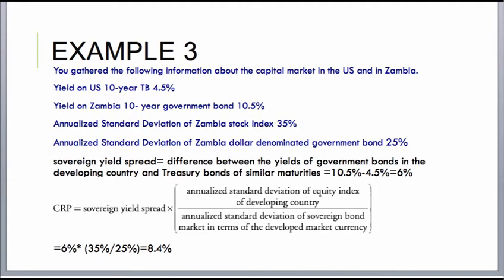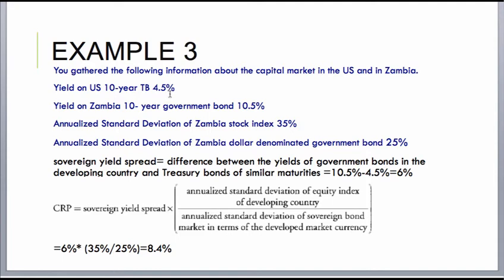Okay, last, if you want to further estimate the country risk premium, you need these scary formulas to do that. This is the question. You gather the following information about the capital market in the U.S. and in Zambia.